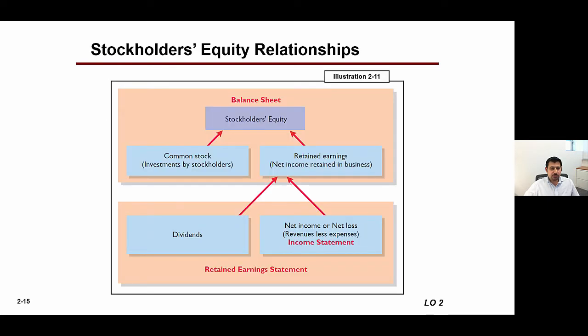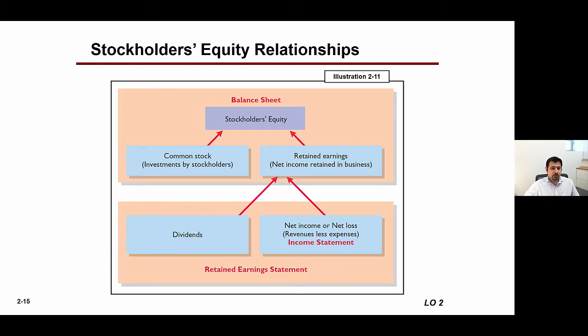This slide here shows the relationship between the various accounts and the various statements and the balance sheet. So basically we start from the income statement, we get the net income or net loss, depending on whether we have more revenues or expenses.